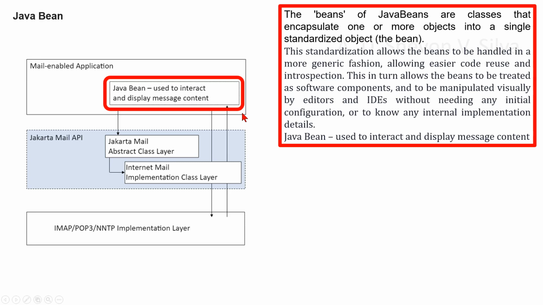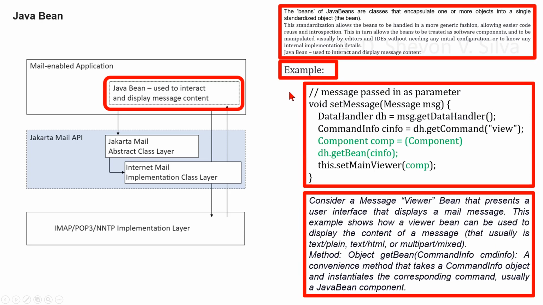JavaBeans used to interact and display message content. As an example, we can consider this code segment. Consider a message viewer bean that represents a user interface that displays a mail message.